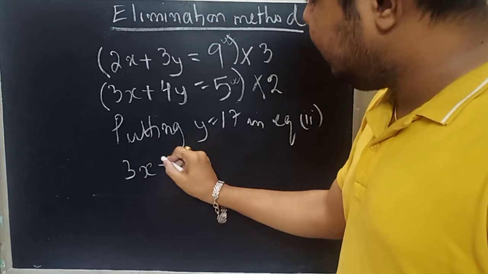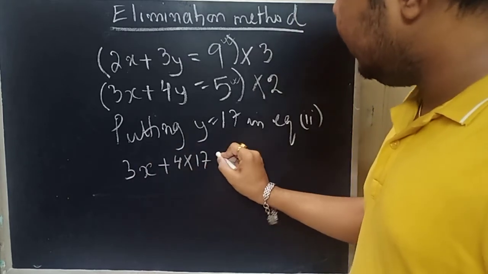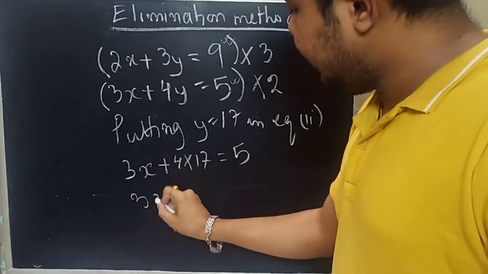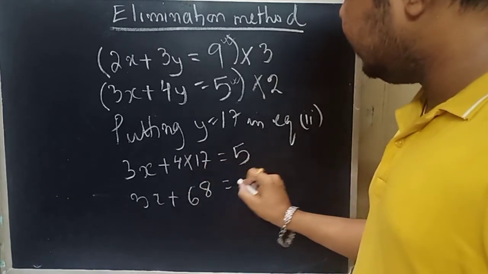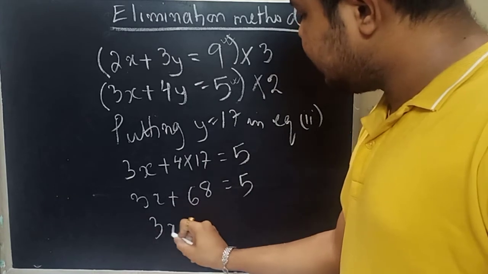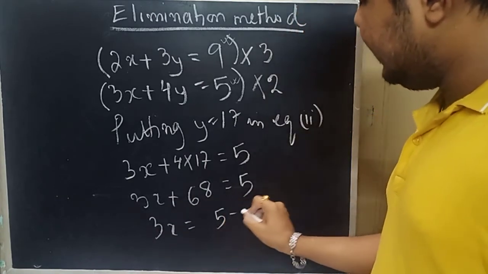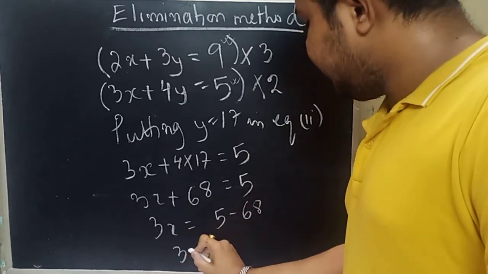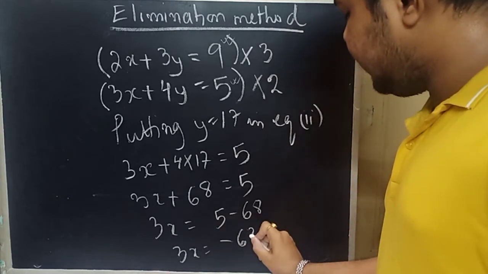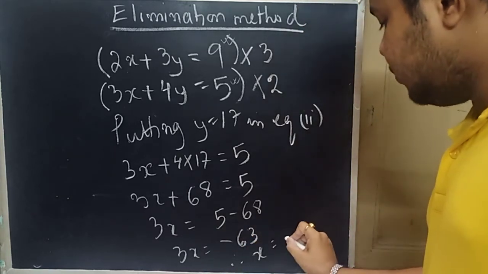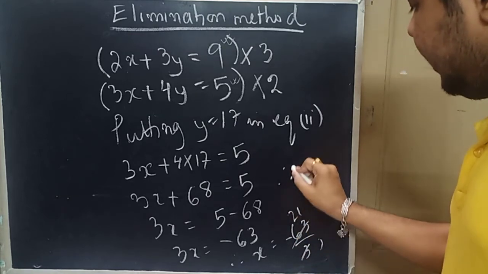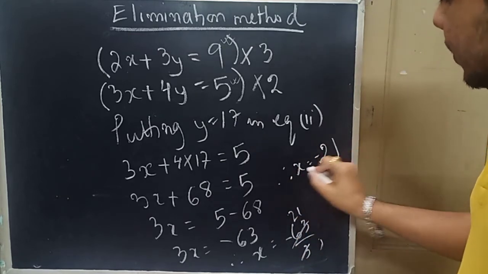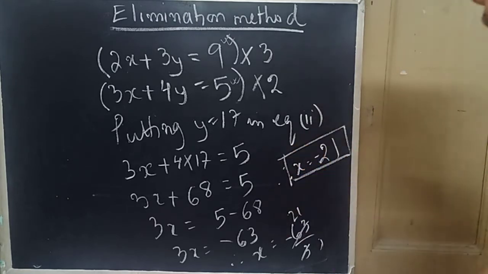So 3x plus 4 into 17 is equal to 5. 3x plus, since for 28, 68 is equal to 5. 3x is equals to 5 minus 68. 3x is equals to minus 63. Therefore, x will come to minus 63 by 3. Therefore, x equal to minus 21. So, we solve the same sum but with a different method, which was elimination method.